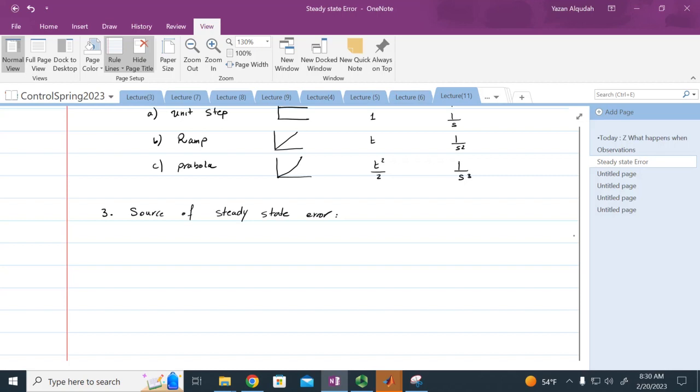Components, excellent. Components like failure or inaccuracy. Right. Inaccuracies.